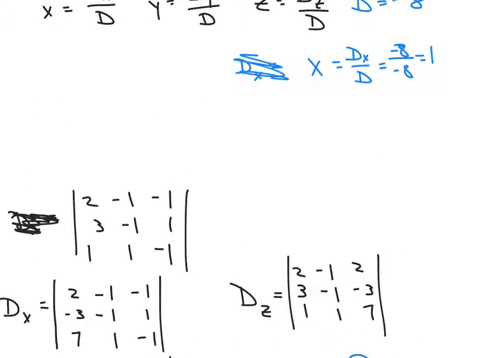Okay, our y equals D of y over D. And when we did all that stuff, we found our D of y is negative 24, and our D again is negative 8, giving me a y value of 3.